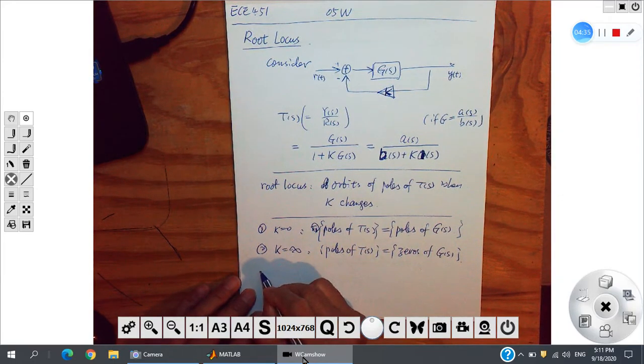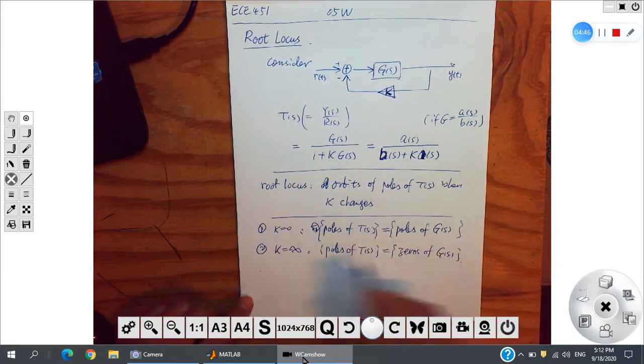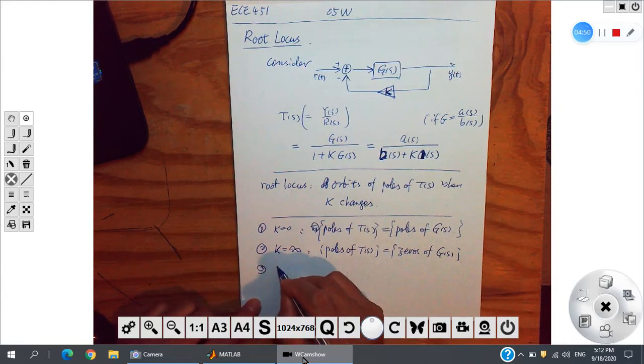What else do we have? I can't remember the order from last time, so I just write here what I talked about. 1, 2, 3. We consider the breakpoint.